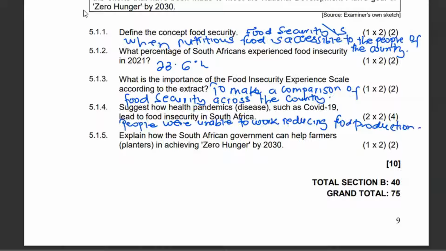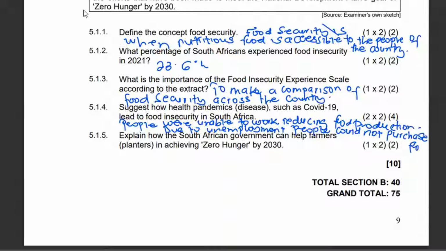Okay. Another one, you talk about due to unemployment, people could not purchase food.